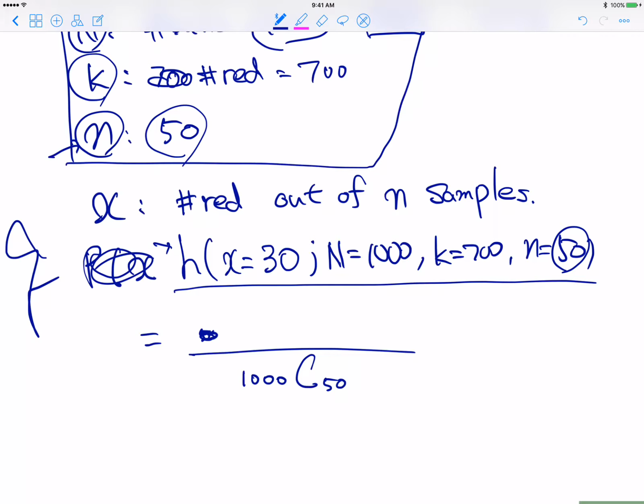In this case, X being 30 means we have to sample 30 red balls out of 50, and at the same time 20 white balls out of this 50 samples. So in this case, we can compute the total number of different cases as this.